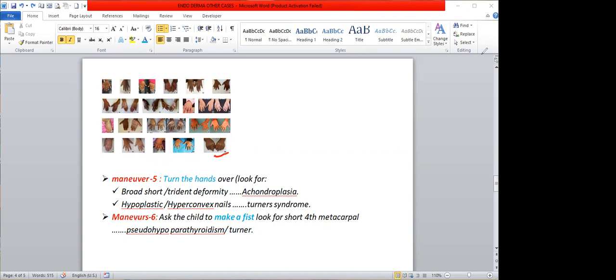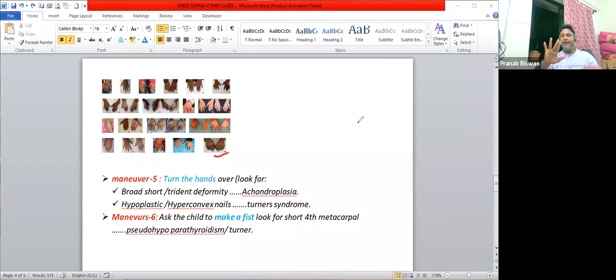Okay, I'm opening the camera, that will be better. So if this is a trident hand, it will be like this. Here is the thumb, the middle two fingers will be very close, and the last two fingers will have a little gap.